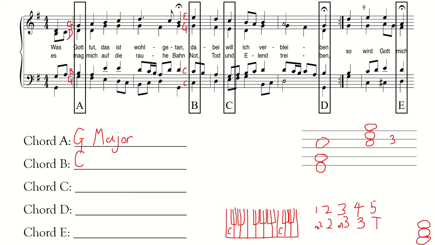And then we have E to G, which is 1, 2, 3, a minor third. Major third on the bottom, minor third on top. We know the major on the bottom is more important, so this is going to be a major triad. So this is going to be C major.